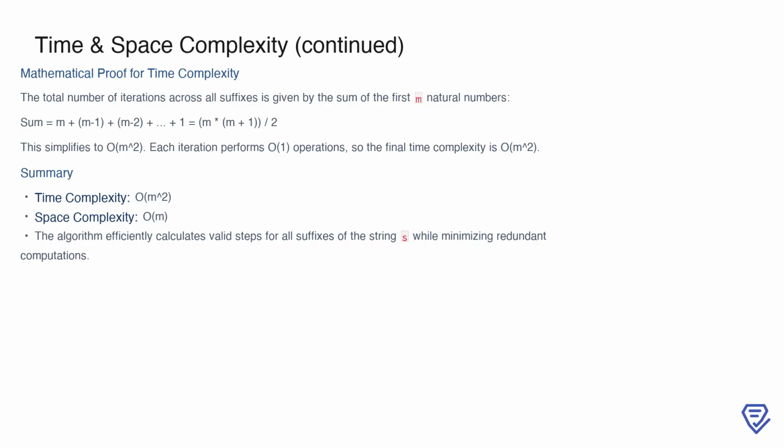Since each iteration involves constant time operations like direction lookup, position updates, and boundary checks, the overall time complexity remains O(m squared). To summarize, the algorithm achieves a time complexity of O(m squared) and a space complexity of O(m). It is efficient in calculating valid steps for all suffixes of the string while avoiding redundant computations, making it a well-optimized solution for the problem.